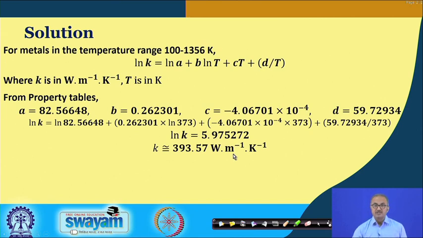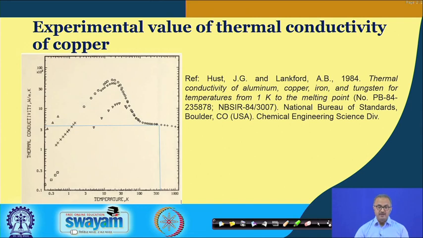Now, to check whether this value is right or how good this estimation is, we can look into the actual experimental data of thermal conductivity, and here we have this particular chart given in this source. From this chart you can again figure out the thermal conductivity of copper as a function of temperature.